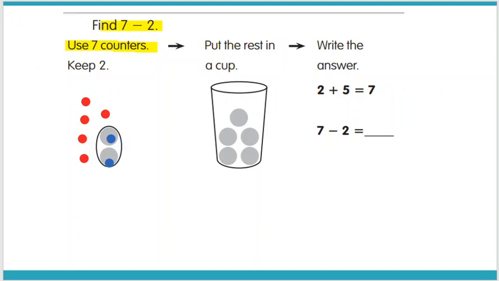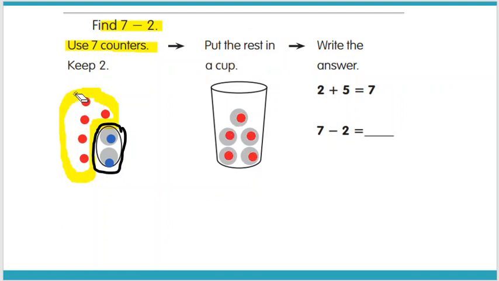So we have our 7 counters. We're going to keep 2 of those. The 2 that I'm going to keep are these 2 blue ones right here. Then I'm going to take these 5 red ones and place them inside of the cup. So 1, 2, 3, 4, 5.